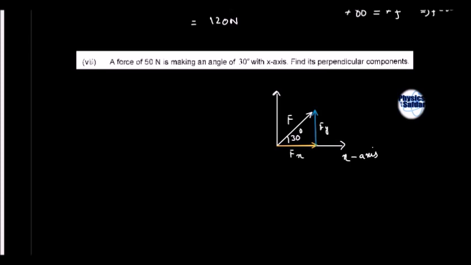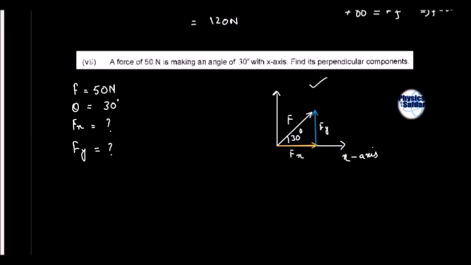We have force 50 Newton, so you can write force F is equal to 50 Newton, and it's making 30 degree with the x-axis. Angle is given, theta is equal to 30 degree, and we need to calculate its perpendicular components. It means you can calculate horizontal component and vertical component.